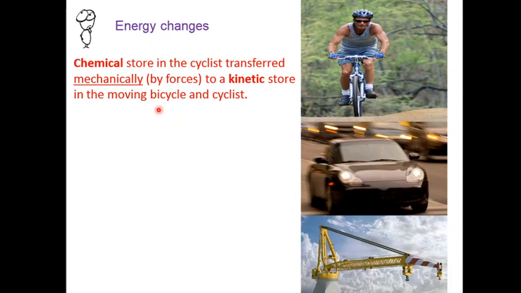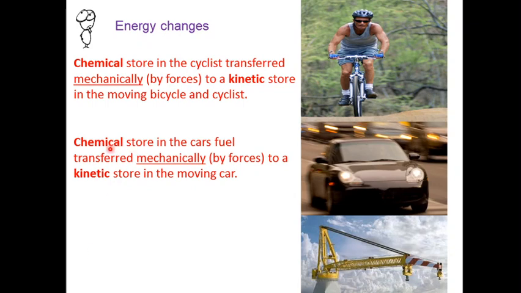That's really similar to the next one, except the chemical energy is stored in the fuel of the car rather than in the body of the person. Also transferred mechanically. When the engine runs, the engine causes a force to be applied to the car and causes it to move. So the chemical energy store gets transferred into a kinetic energy store of the moving car.